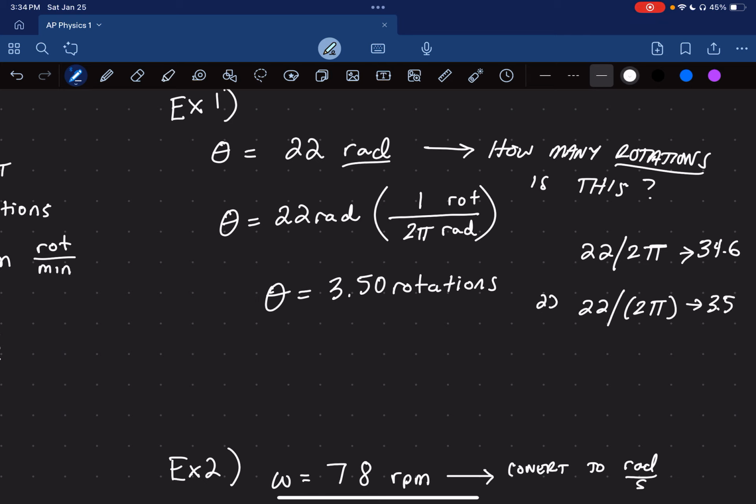Your calculator will see this and think, okay, this is what they want. Your calculator will also see this and do this, which is 11 times pi, which is 34.6. Yeah, it's not the right answer. So you have to make sure when you use pi to put parentheses on it. Of course, this is all a moot point if you just use a fraction on your calculator.